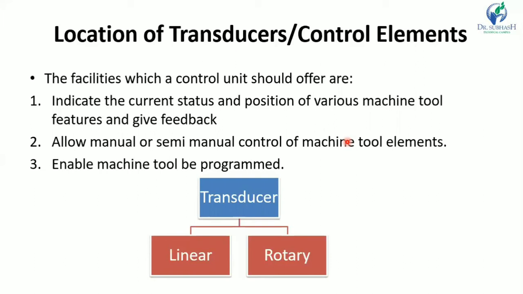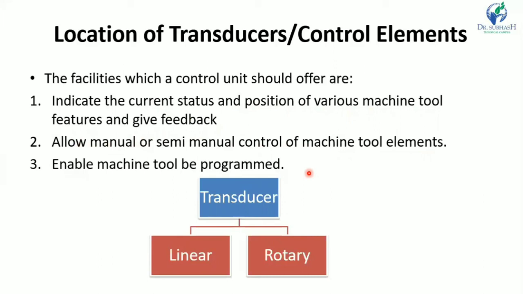The facilities which a control unit should offer are: indicate the current status and position of various machine tool features and give feedback, allow manual or semi-manual control of machine tool elements, and enable the machine tool to be programmed.